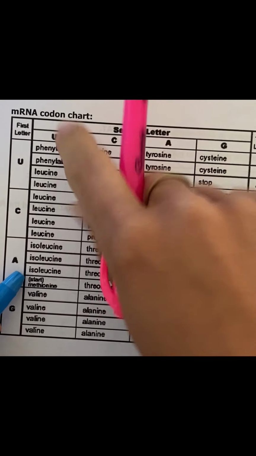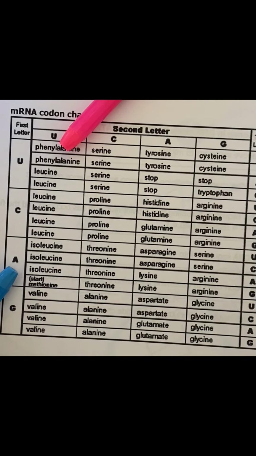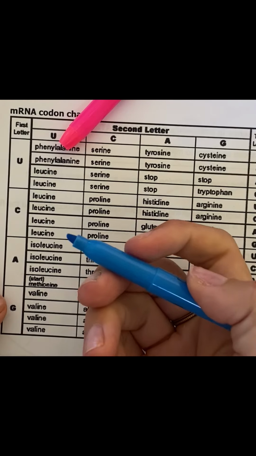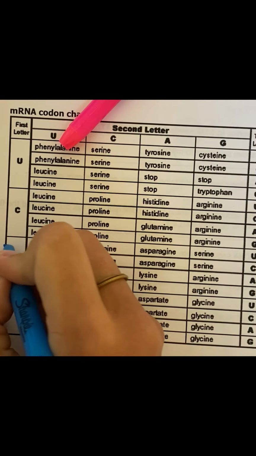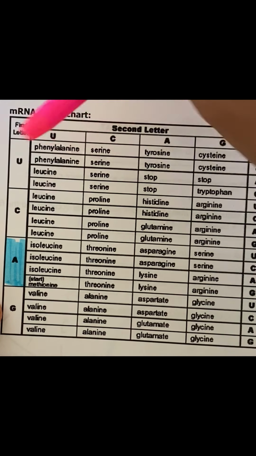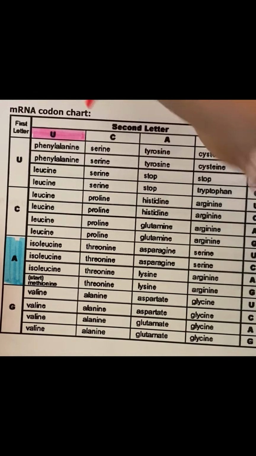Now we've got a point here, a point here. And then our third letter was G. So in our third letter category, we're going to go all the way down to where all of these intersect with each other. To make this easy, I'm going to use some colors. Our first one is A, so it could be anything within this row. Our second letter was U, so it could be any amino acid within this row.